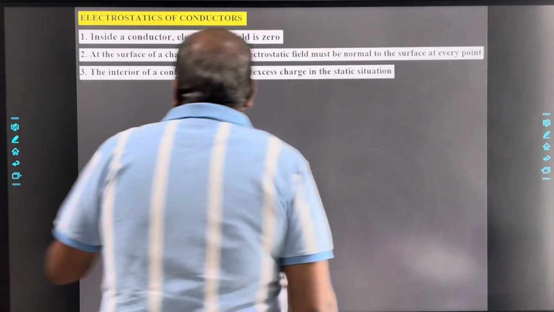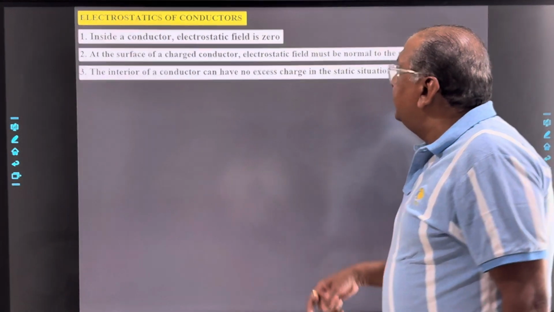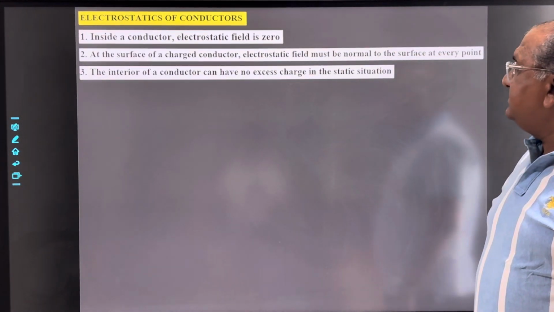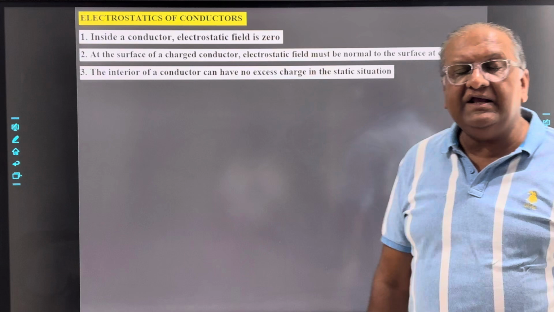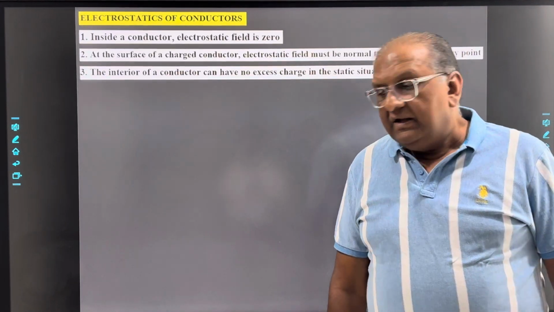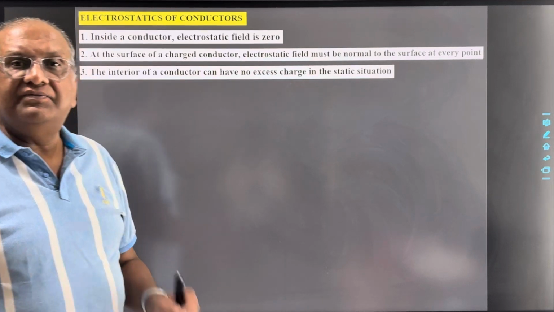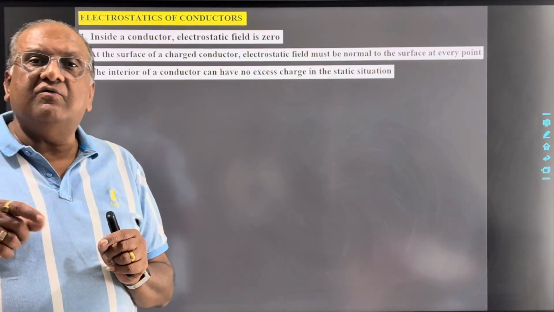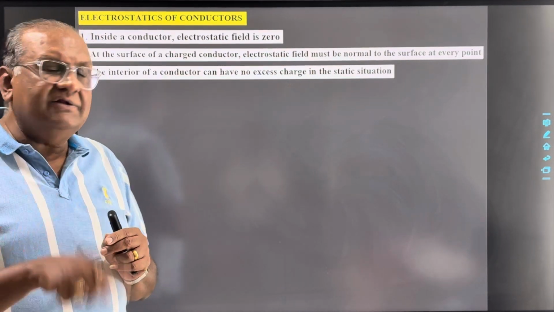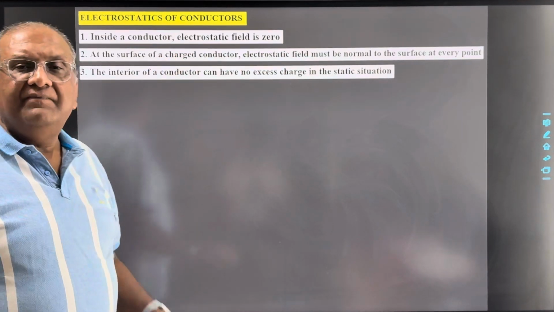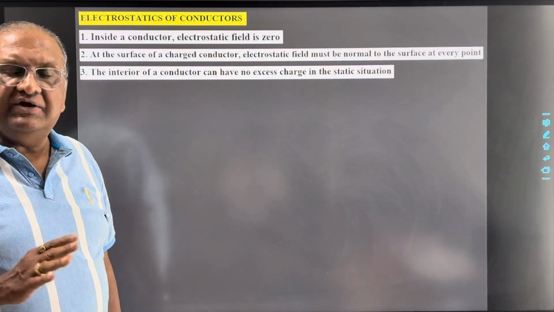Now, the interior of the conductor can have no excess charge in the static situation. If the net charge of the conductor is equal to zero, then and only then is it possible for the electrostatic field to be zero.